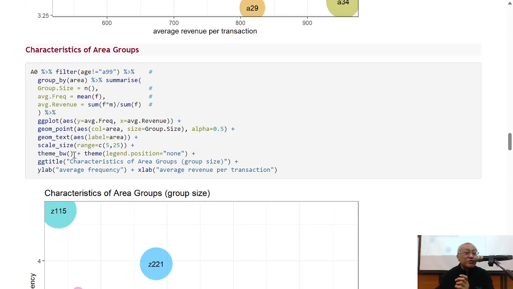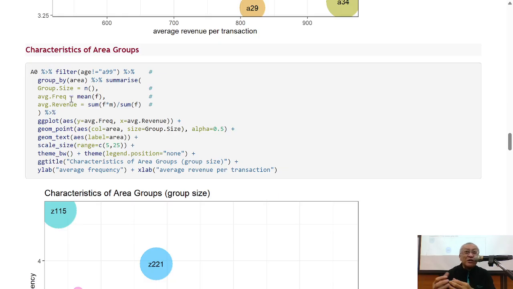And if you are interested in revenue or profit or margin, you can do the calculation by summarizing the margin or the profit for every age group or for every area, isn't it?